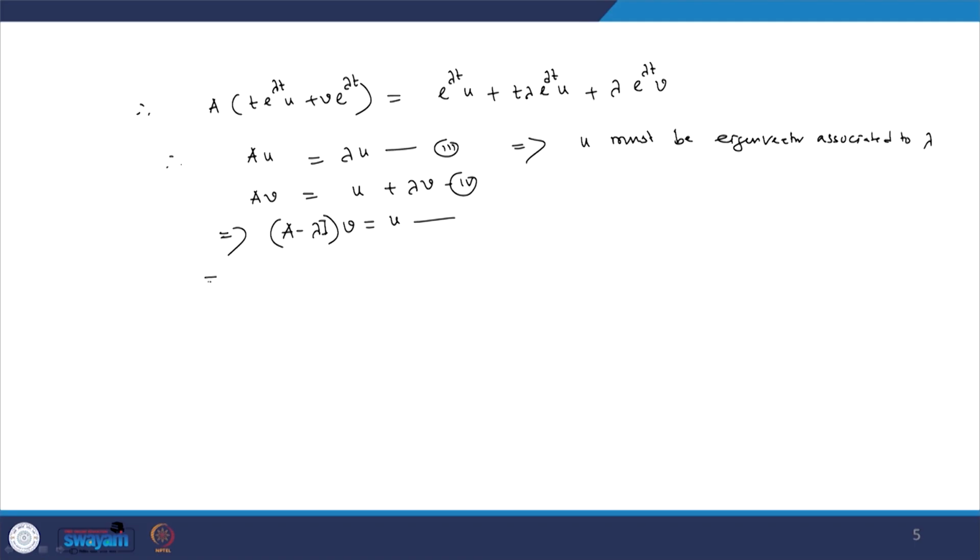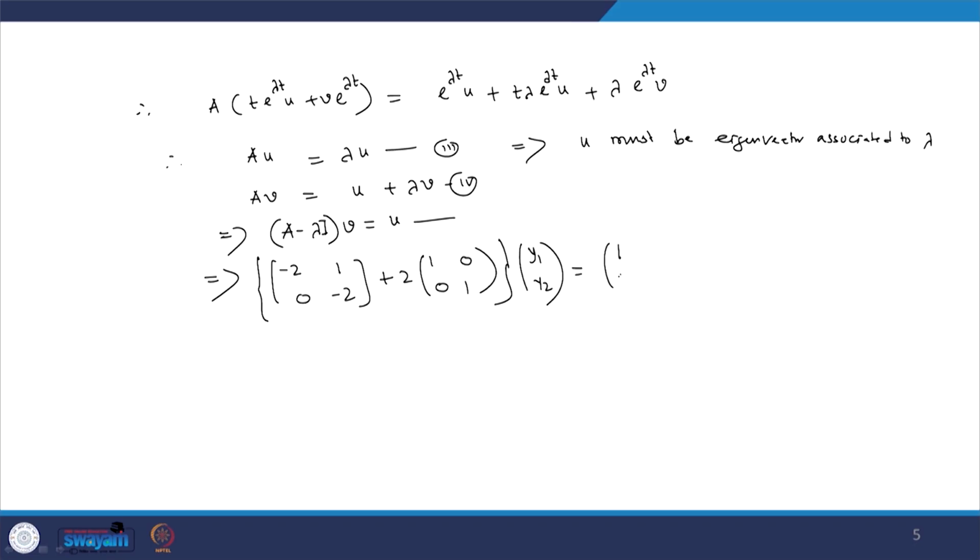So, this implies that A minus lambda I, that is the matrix (minus 2, 1; 0, minus 2) plus 2 into the identity (1, 0; 0, 1), operating on v. Let me consider v equal to (y1, y2), this vector must be equal to u, already known, (1, 0).